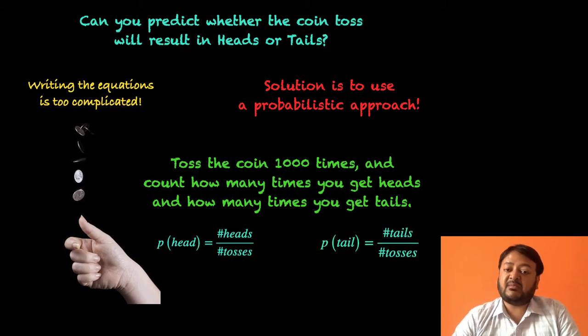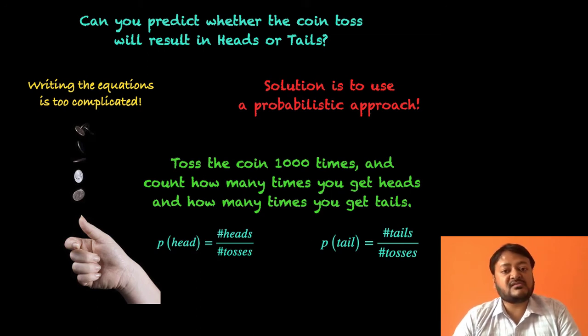Similarly, you can get the probability for tail, which will be equal to the number of tails divided by the total number of tosses. Here it is important to understand that this 1000 number of times that you toss the coin is just an example, and that may not be enough. It may so happen that you have to toss a coin many more number of times till you get a stable, reliable value of this probability.